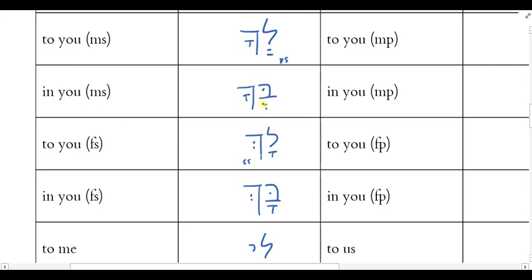So ata, with the tav for you as a subject, becha and lecha for you as the object, at with a silent shva for you, woman, as the subject, and lach and bach with a silent shva, but with a kaf instead of the tav. All right? And we're going to see that same tav, kaf interchange when we get to the plural side of you.